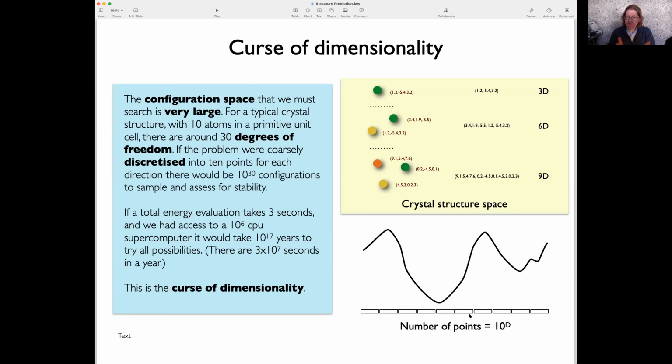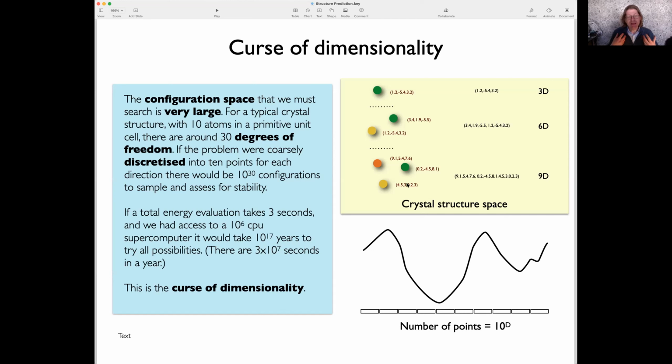Now, if you discretize space, even very roughly, say 10 chunks in each dimension, then the volume of the space, in terms of the number of points you'd have to visit, goes as 10 to the power of the dimension. So for the 3 particles, you've got 1 billion points to consider. Then you add 1 more particle, and you've got 10 to the 12 possible points to visit.